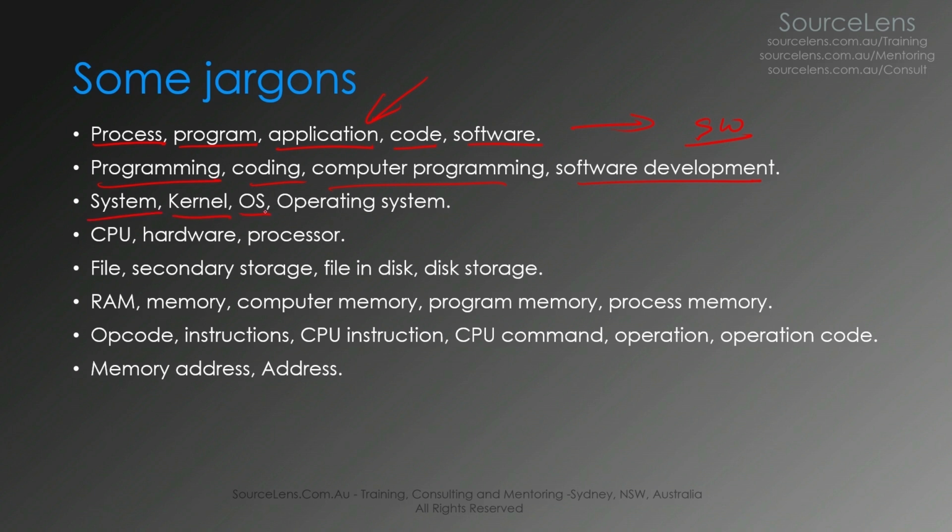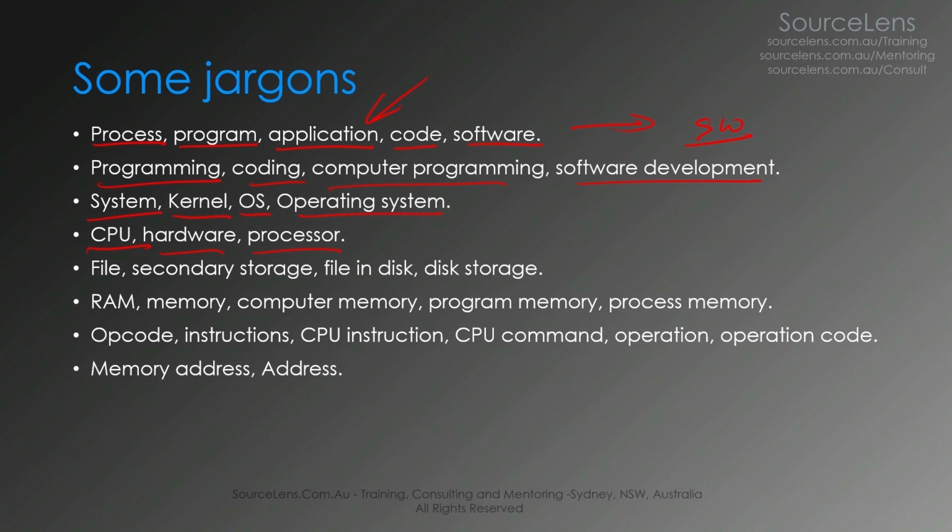System, kernel, operating system, OS: all this is referring to the Windows core operating system from this chapter's perspective. There are other operating systems as well, but we will be focusing on Windows. CPU, hardware, processor: all is the chip we have seen in chapter 1, the microchip of AMD. So that chip we are referring to as CPU.